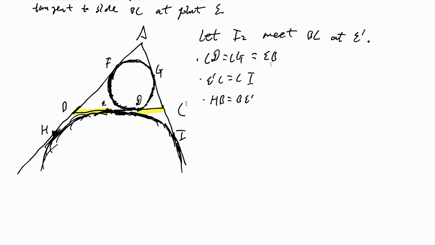Okay, wait, oh my goodness, I forgot how I proved it. But I think we can try and utilize CG here, because by using CG, we can relate it to EB and somehow relate it to E prime B, what we have here. So we just need to prove that CG is equal to HB. Then our lemma is proven.